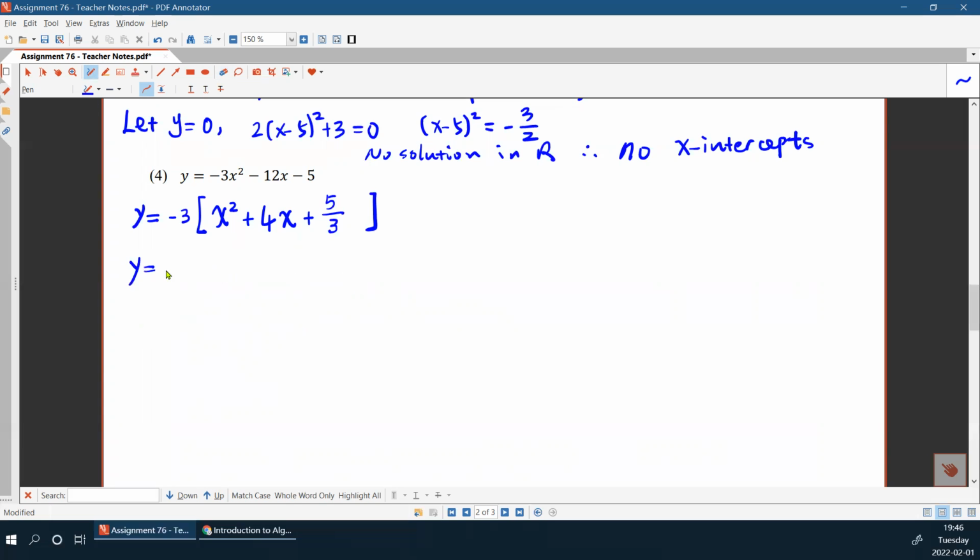That means y equals negative 3 times (x plus 2) squared. On scratch paper, if you expand it, you will get x squared plus 4x plus 4, right? The first two terms are exactly the same as the first two terms in the original expression, but there is no 4, so we need to subtract it, and then copy the rest of the expression. And then simplify this.